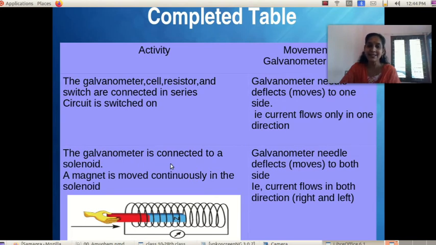In the second case, the galvanometer is connected to a solenoid. If we move the magnet continuously into the solenoid, then what happens? The galvanometer needle deflects to both sides. That current flows in both directions. So it can be called alternating current.